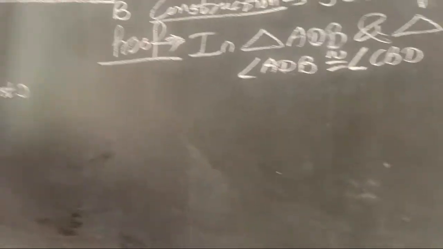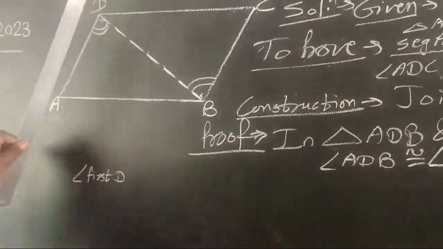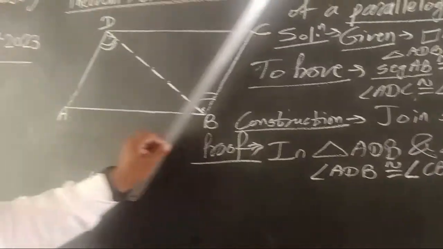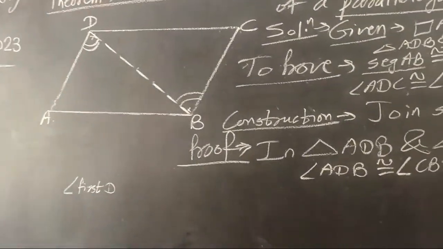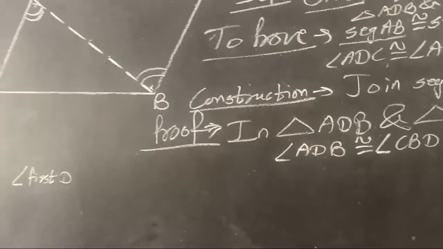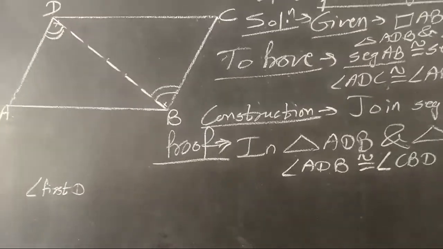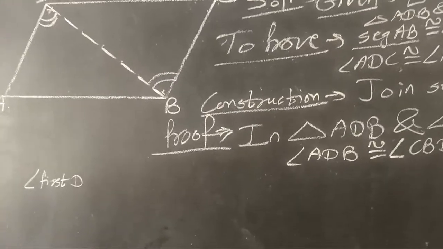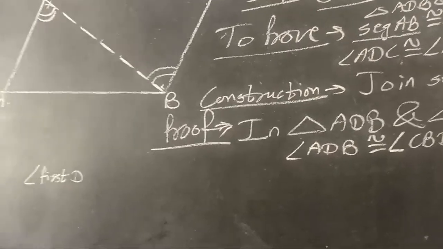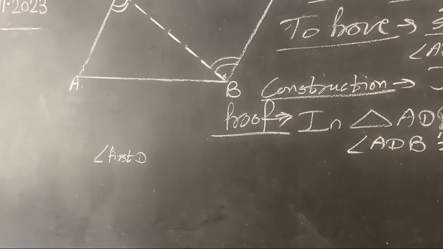These are the alternate angles because these two lines are parallel. Why are they parallel? Yes, good. Opposite sides of a parallelogram are parallel by definition.